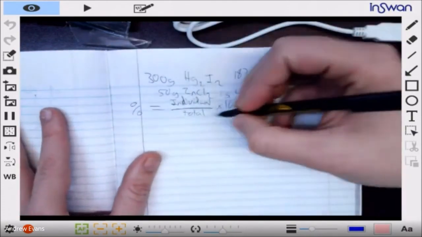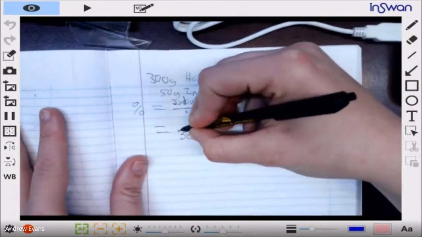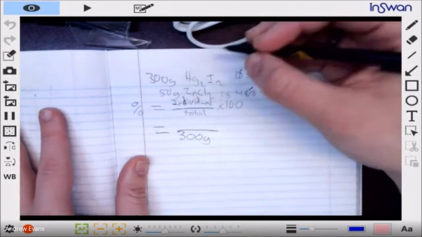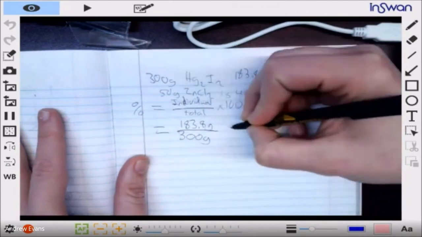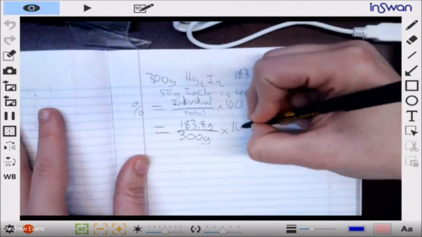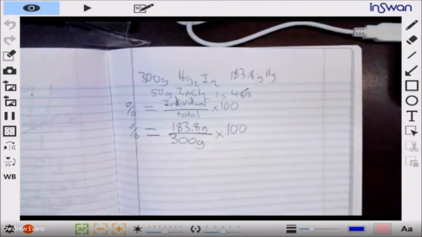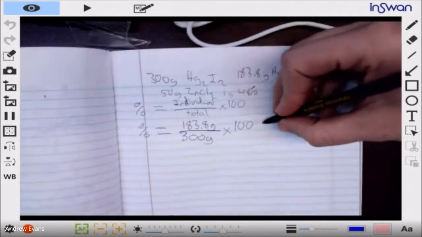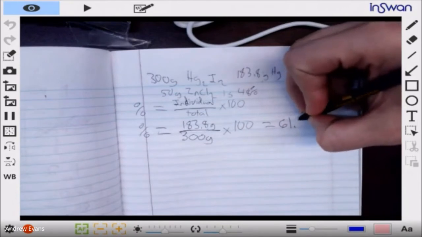The total sample of mercury iodide is 300 grams. How much of that is mercury? Well, I isolated 183.8 of those 300 grams. Times 100 will give me my percent. So the percent mercury would be the weight of the mercury over the total weight. Times 100 puts it at 61.3%.